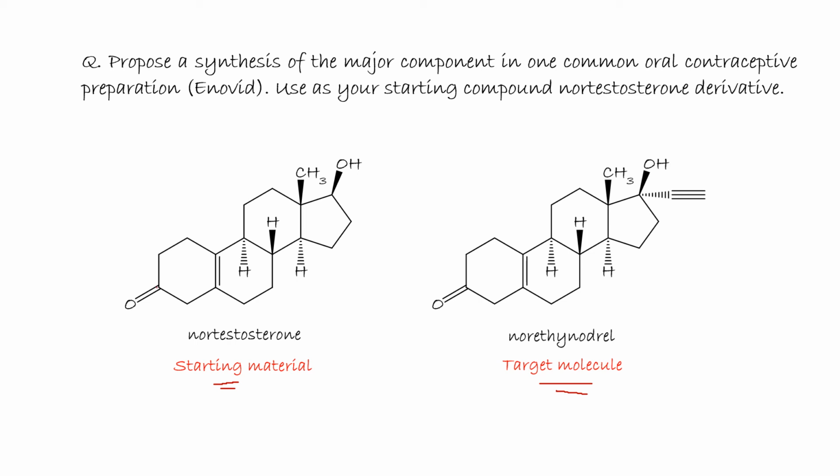Here is carbonyl functional group, here is carbonyl, here is alkene, here is alkene, here is OH, but here is OH plus extra alkynyl unit. So how can we add this part?